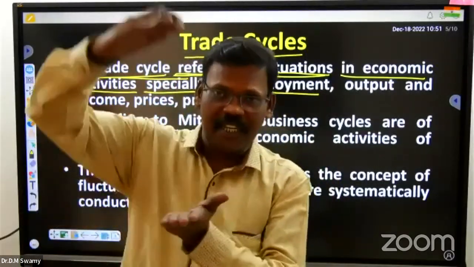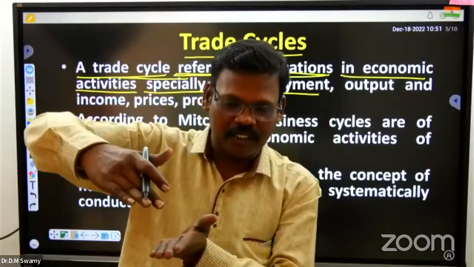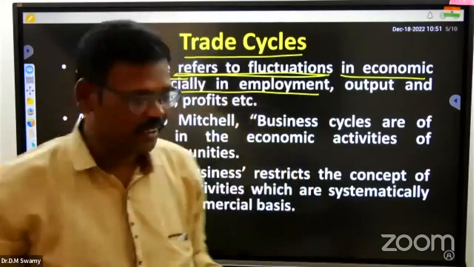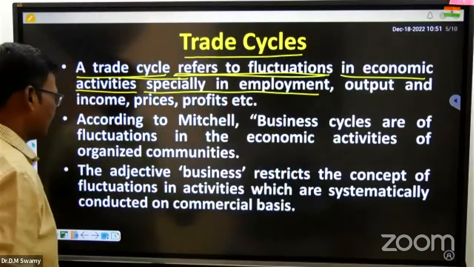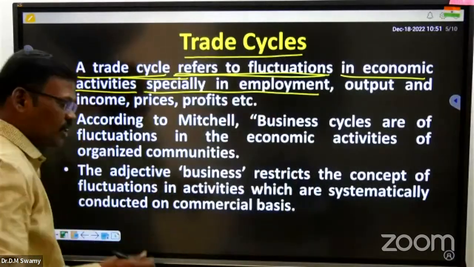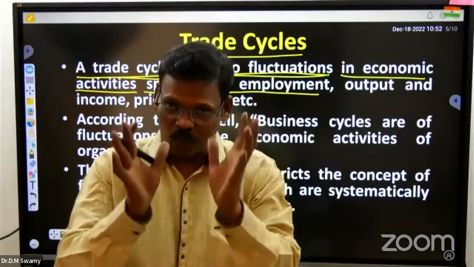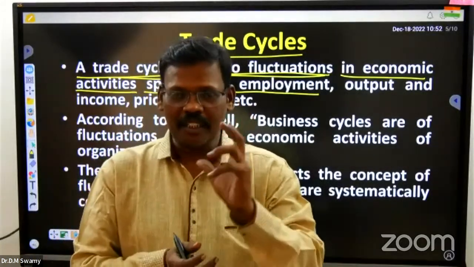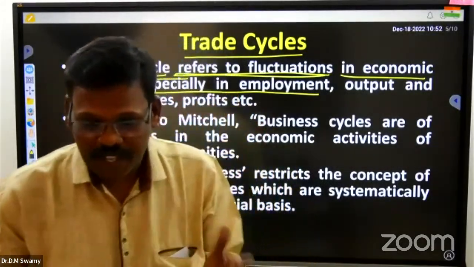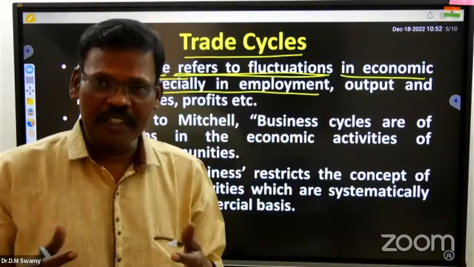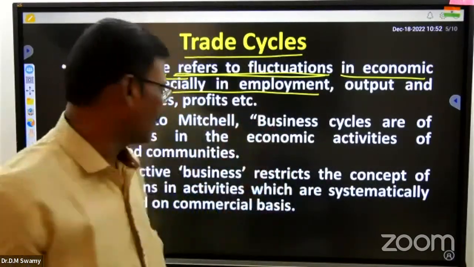If there is an up and down in economic activity, that concept is known as the trade cycle. Different people have given different opinions and defined the trade cycle in different ways.